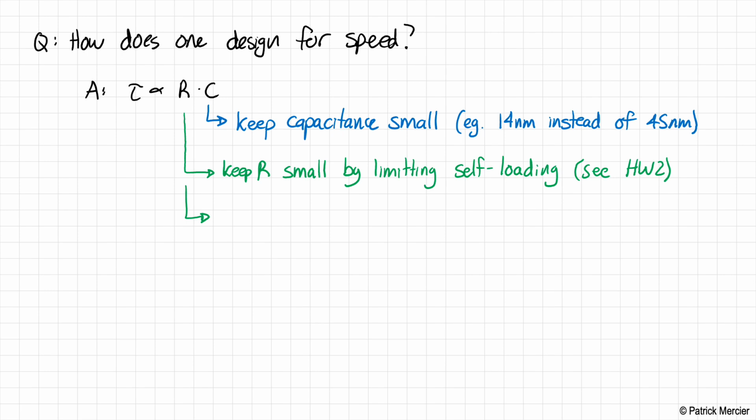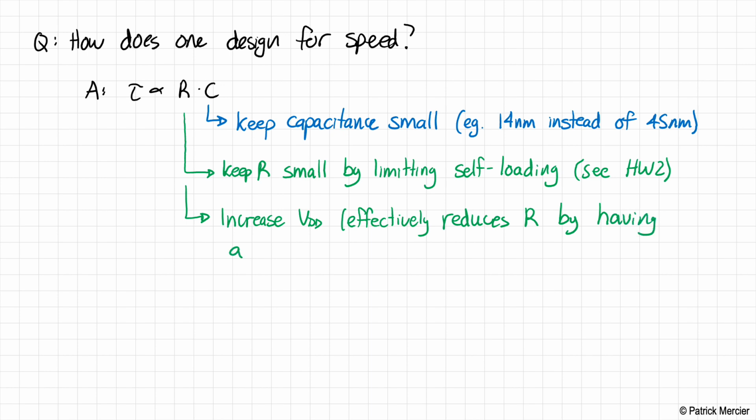Now the other powerful way to decrease R is to increase VDD. So how the heck does that decrease R? Well, it effectively reduces R by having a larger VGS, right?